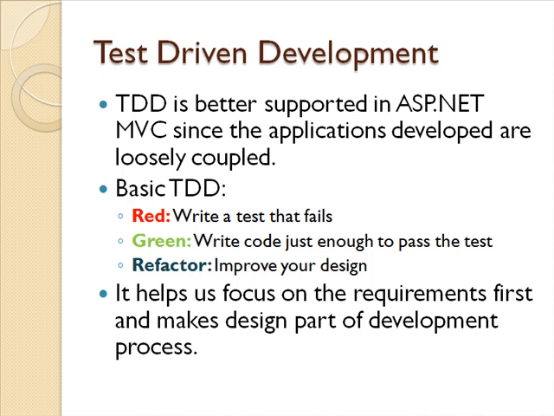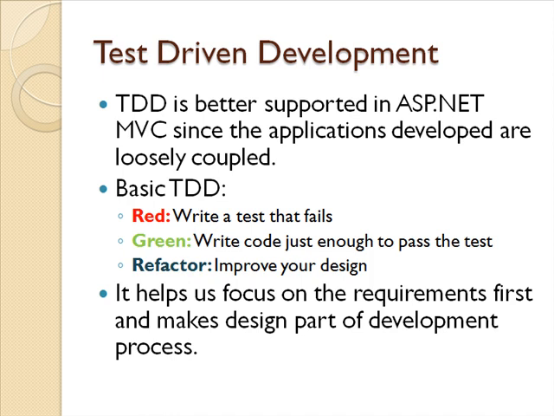This is called red. Write a test that fails. And then write code that is just enough to pass the test. This is called green. So we have just got the application running, and we improve our design so that we can easily build our application. This is called refactoring.